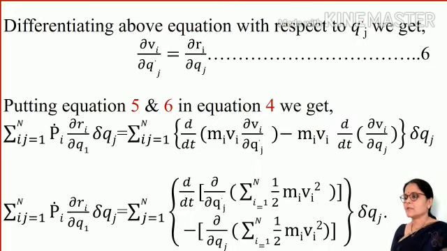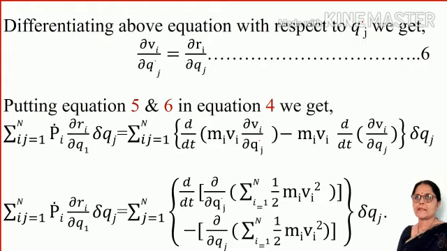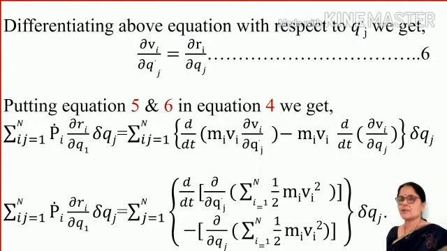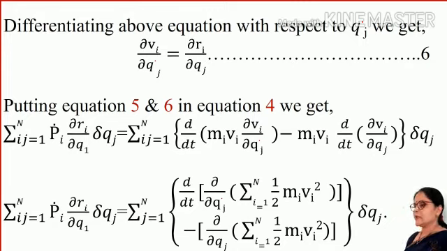Summation of pi dot dri/dqj into delta qj is equal to summation over j from 1 to n of curly bracket d/dt of [d/dqj dot summation over i from 1 to n of 1/2 mi vi square] minus [d/dqj summation over i from 1 to n of 1/2 mi vi square] into delta qj, equation 7.